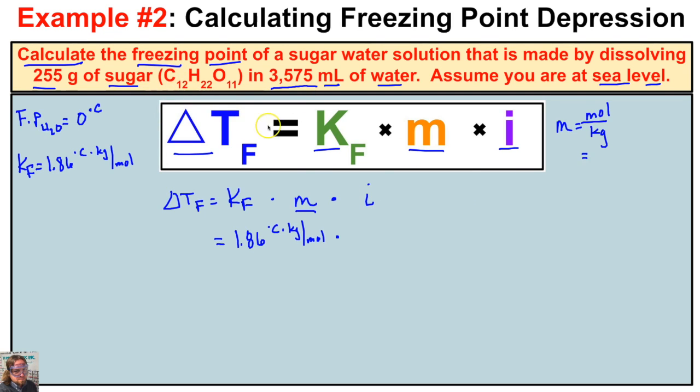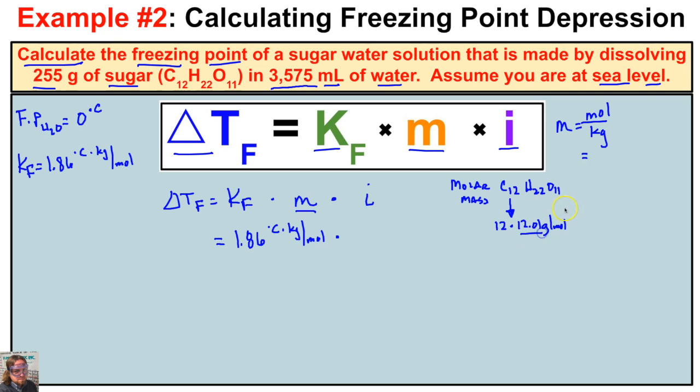So we have to figure out the molar mass of this. So let's go ahead and do that right here. The molar mass of C12H22O11. From our periodic table, we know that there's 12 carbons times 12.01 grams per mole for our carbons.